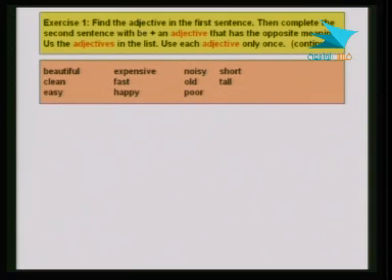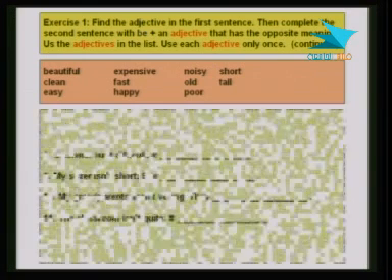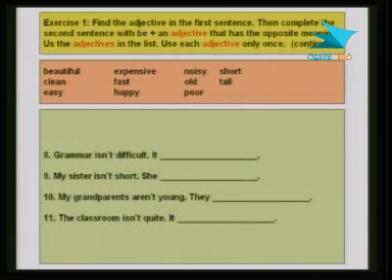Now we continue this exercise in this slide here. We have the same words in the same box. This is number 8. Grammar isn't difficult. It's easy. Easy is the opposite of difficult. My sister isn't short. She's tall. My grandparents aren't young.